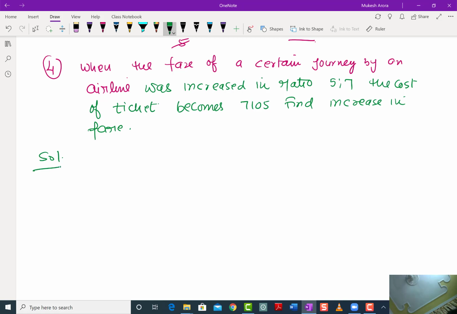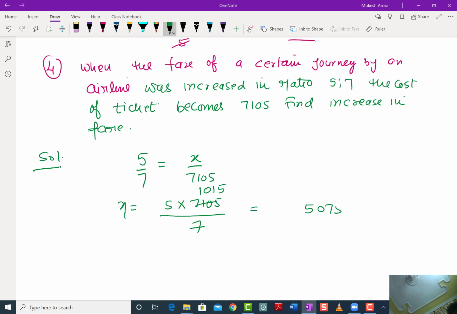It's very simple. That means earlier if it was spending 5 rupees, now he is spending 7. So 5 by 7 is equal to x by 7105. x is equal to 5 into 7105 by 7. 7 ones are 7, it is 0. Again 7 ones are 7 and 1 5. So it will be 5075.